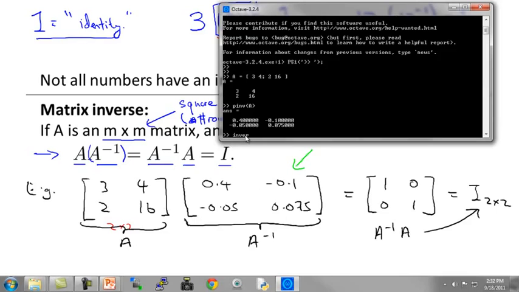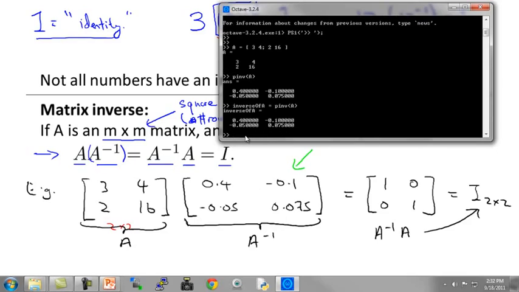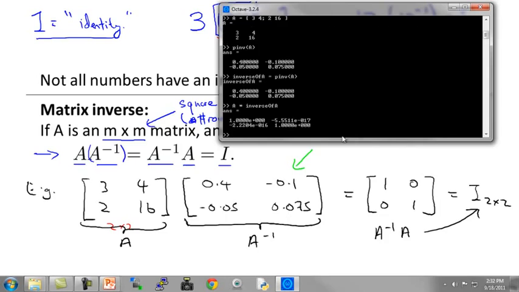So let me just write inverse of A equals pinv of A. So I set inverse of A to that. I can now just verify that A times inverse of A is the identity, and the result of that is this matrix. It has 1, 1 on the diagonal, and essentially 10 to the minus 17, 10 to the minus 16 elsewhere.